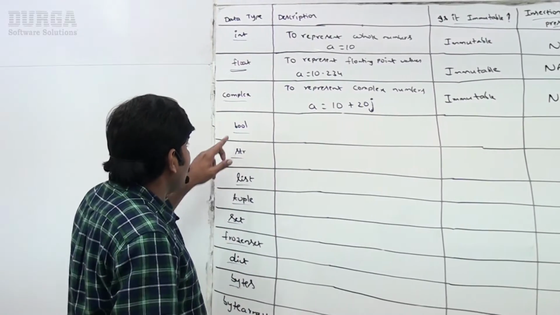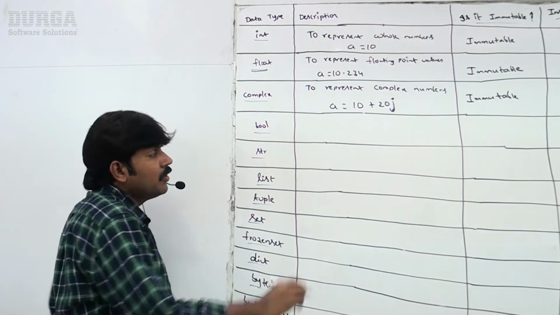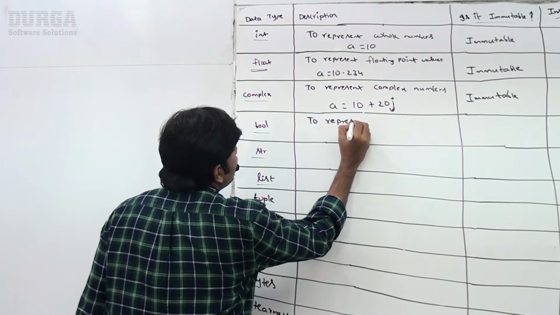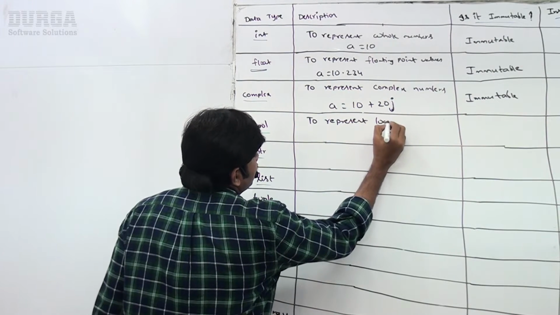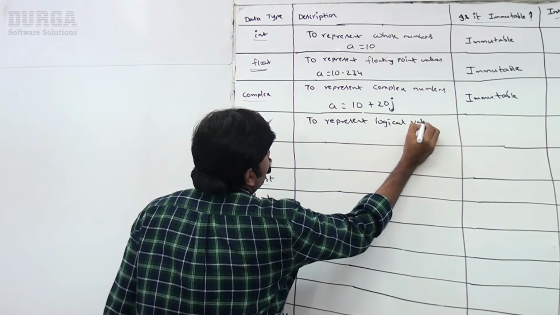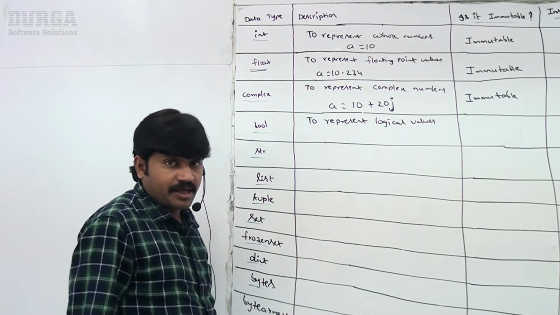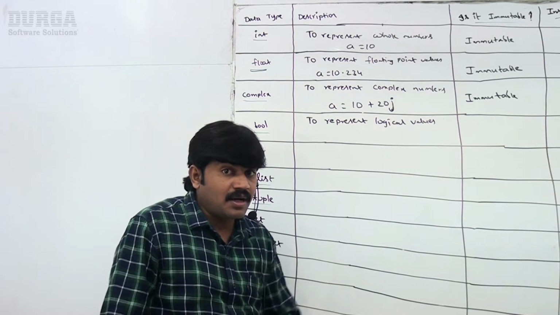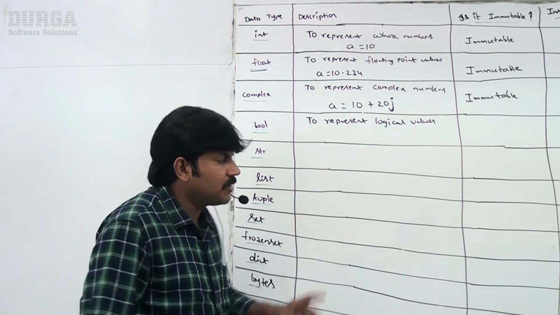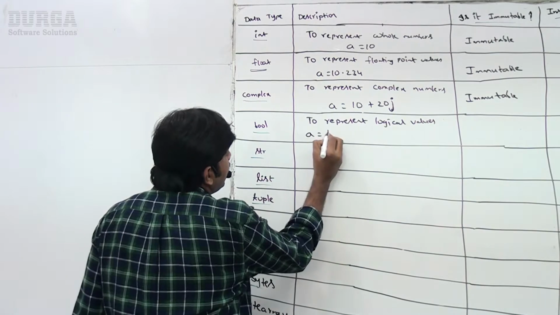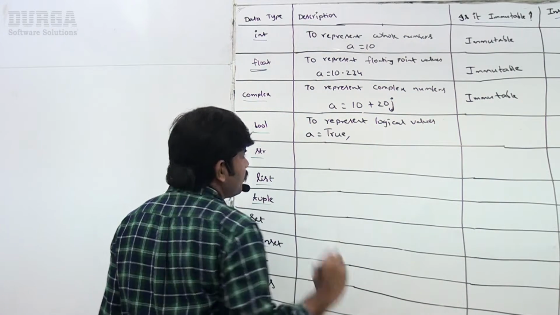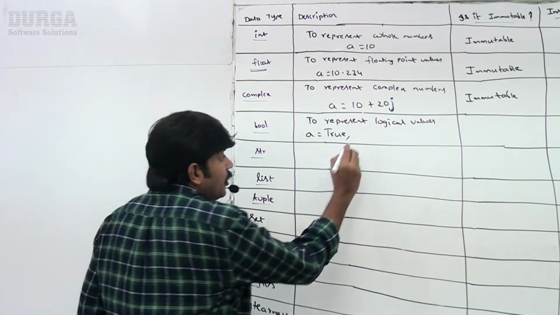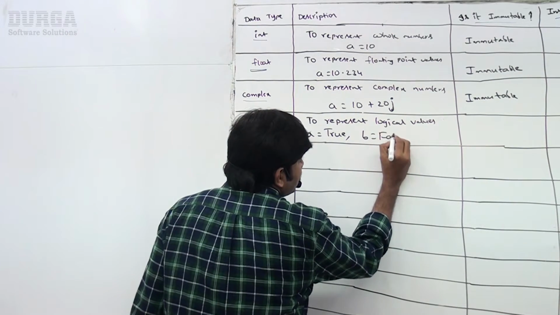Now the bool type. To represent logical values, we go for the bool data type. The only allowed values for the boolean data type are True and False. Remember this: a = True, with a compulsory capital T, and b = False.